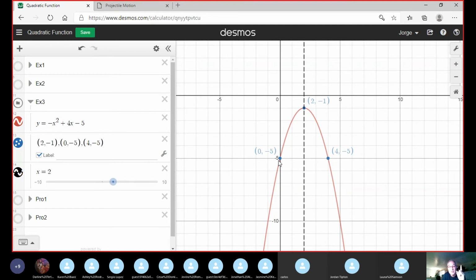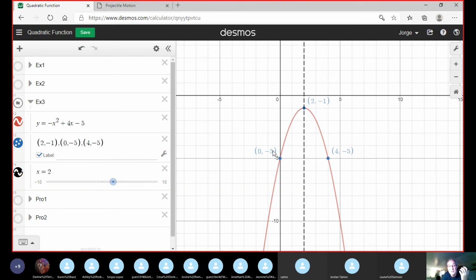But using the symmetry, remember the distance is the same. This is 0, this is 2, the distance is 2, and 2 to the right is 4. This point, using just the symmetry, no mathematics, and common sense, is (4, -5).